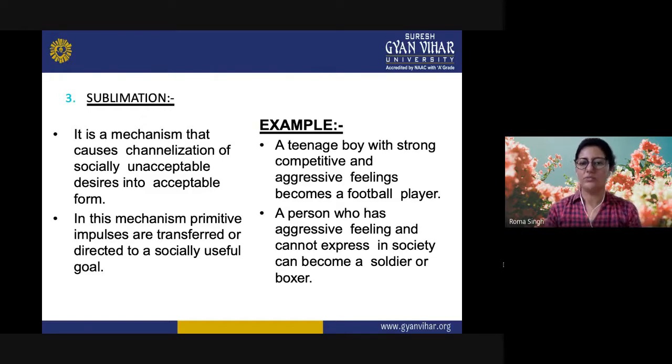A person who has aggressive feelings and cannot express them in society can become a soldier, a boxer, or adopt any other method through which they can relieve their emotions and feelings in a certain way. So this is how sublimation takes place.